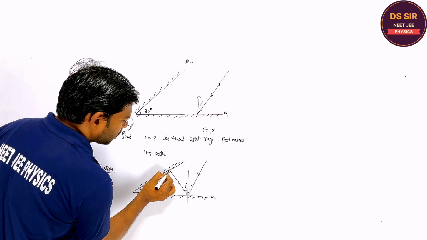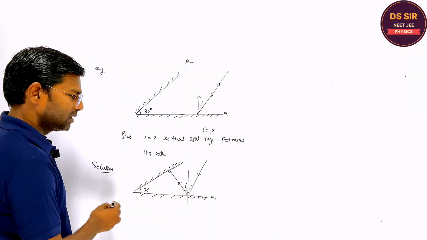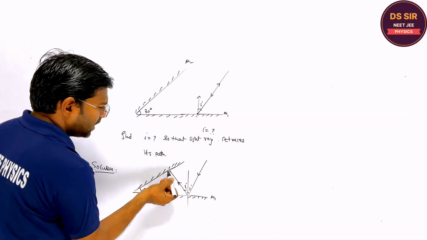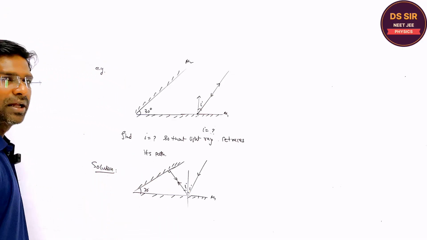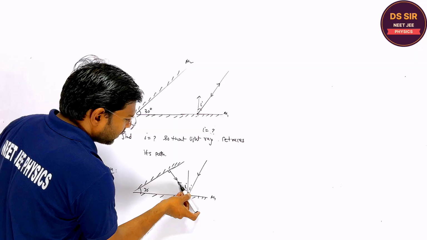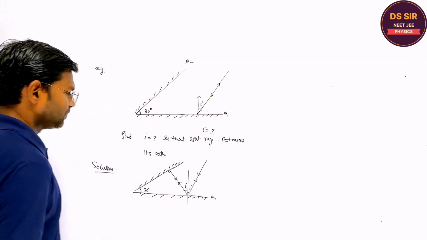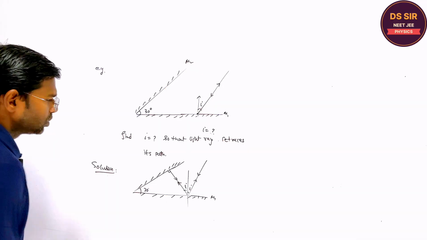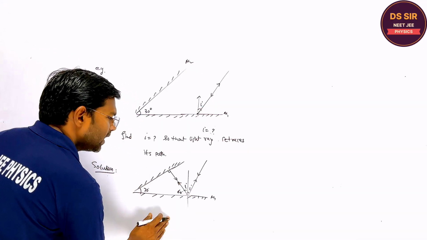Is it clear or not? It should hit normally like this, reflect, and retrace its path, because from where it is coming, after reflection it moves in this direction. Is it clear or not, you tell? So if this is 90 degrees and this is 60 degrees, what should the angle I be?